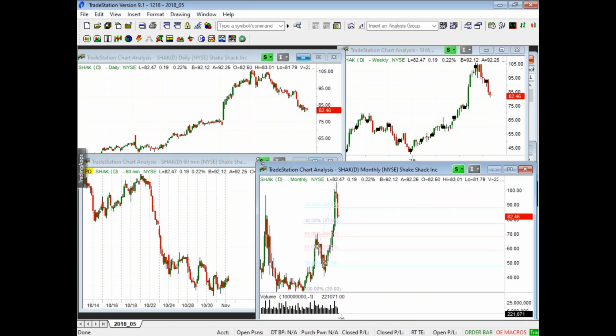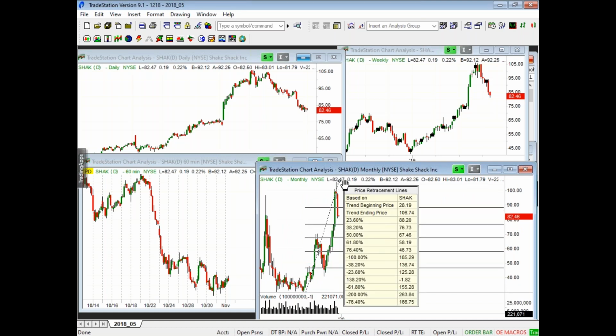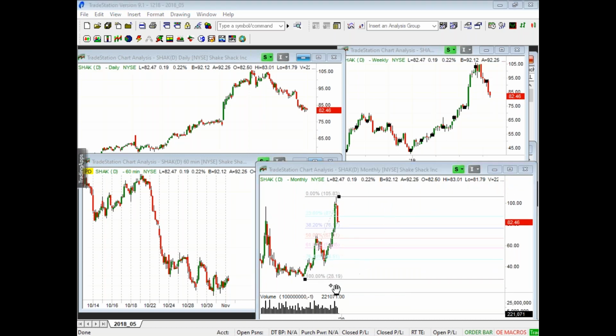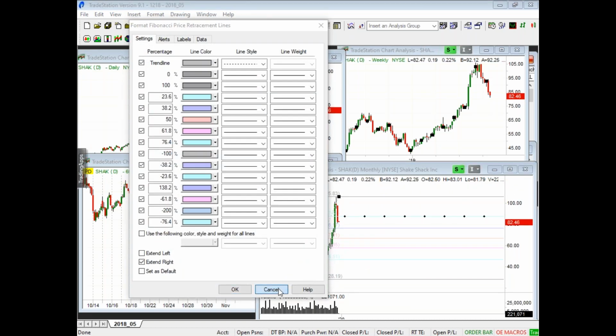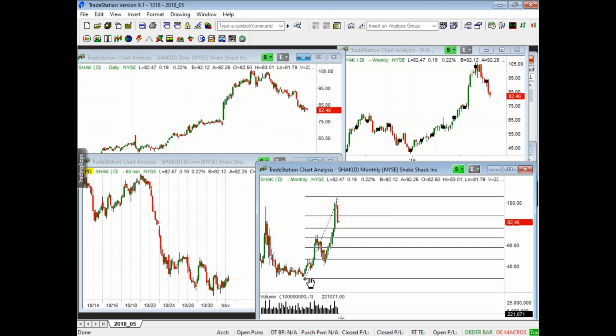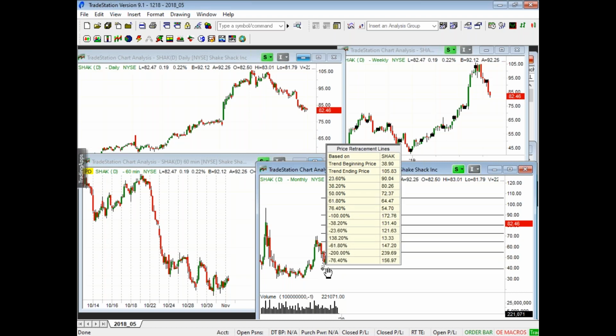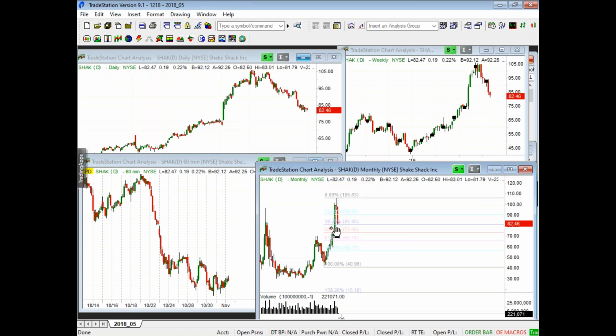It is starting, whoops, I moved my fib line there. We've got it at the 38.2%. Is Shake Shack still in business? It is. I still get stuff from friends trying to sell it to me.